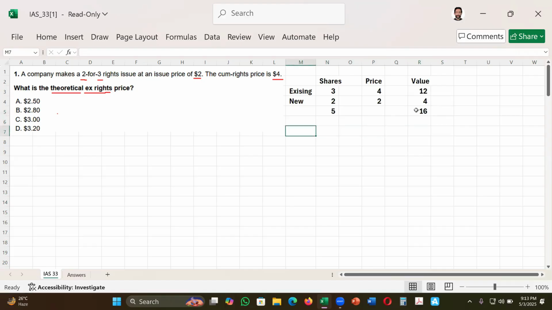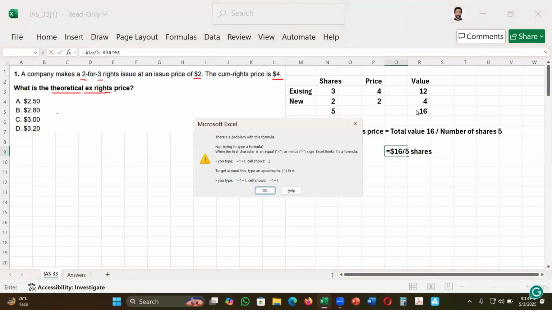So the process to calculate the theoretical ex-rights price equals the total value, which is 16, divided by the number of shares, which is 5. So we take the $16, we divide it by 5 shares, and we get the answer.